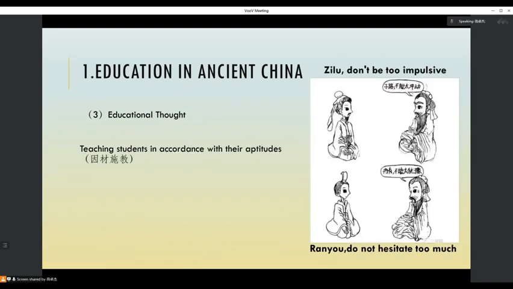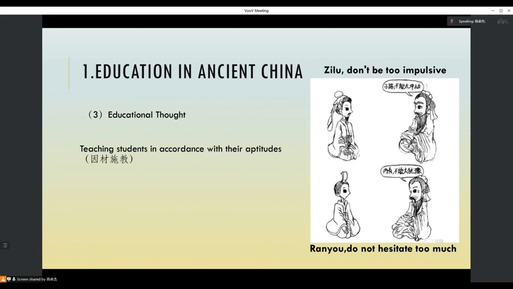The second thought of education, 因材施教. 因材施教, teaching students according to their differences, because students are different. Some students are good at math, and some students are good at music and physics.